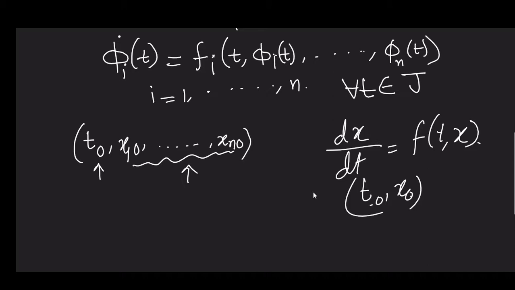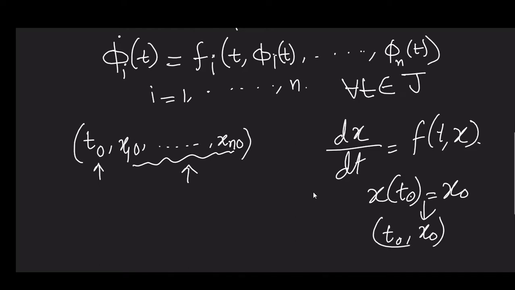More specifically, again I am telling you the question: it is clear that x of t naught is x naught, then why do we need both t naught and x naught to specify our solution?